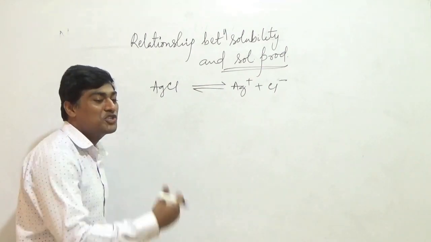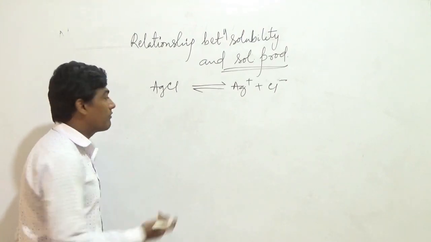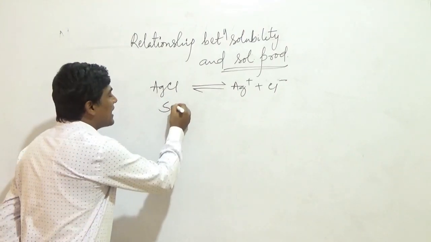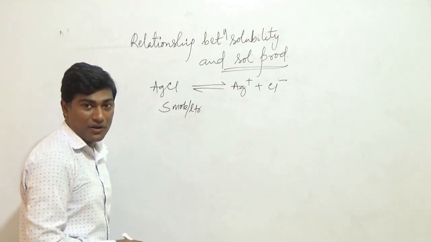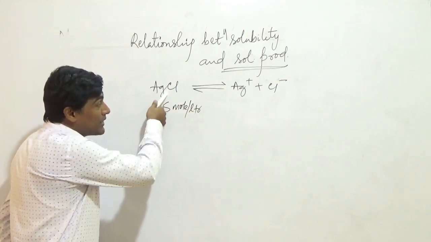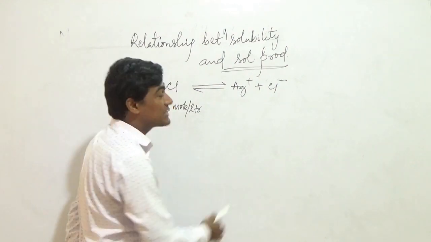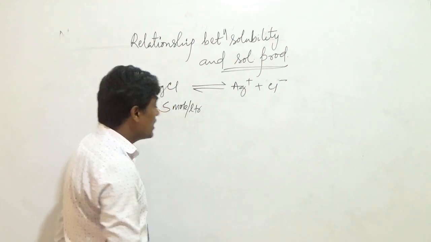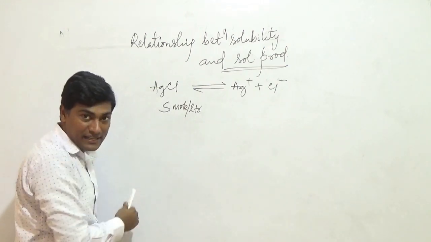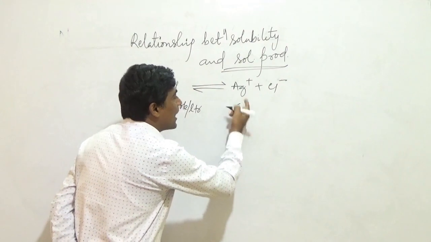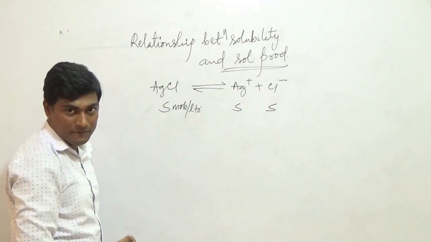So if the maximum amount of silver chloride that can be dissolved in a solvent is S moles per liter, and 1 mole of AgCl dissociates into 1 mole of Ag plus and 1 mole of Cl minus, then S mole per liter means S mole of AgCl is dissociated into S mole of Ag plus and S mole of Cl minus.